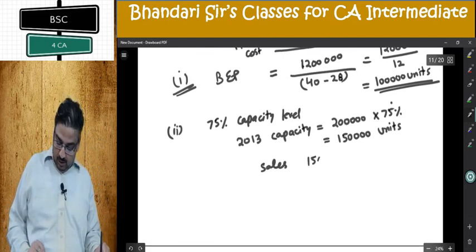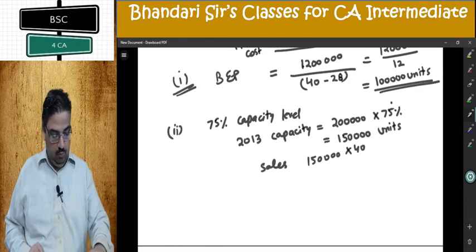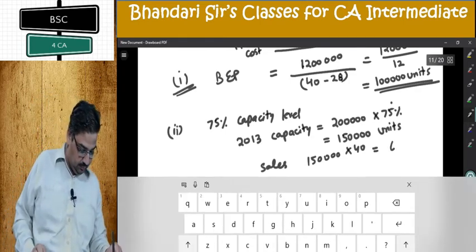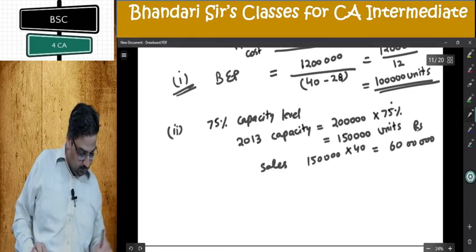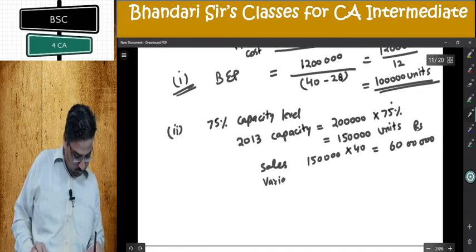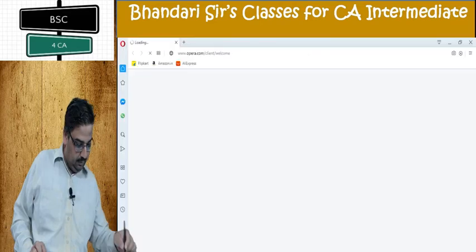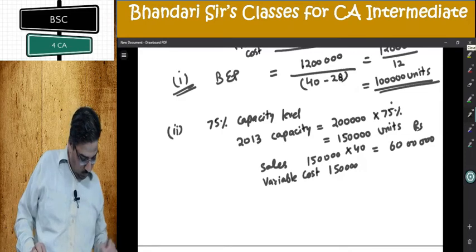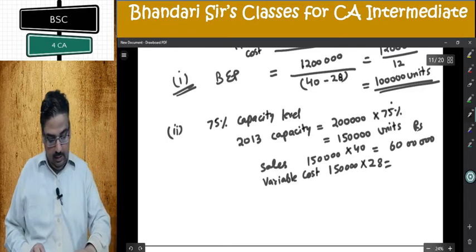Sales shall be 1,50,000 into 40. 60 lakh. Variable cost: 1,50,000 into 28.